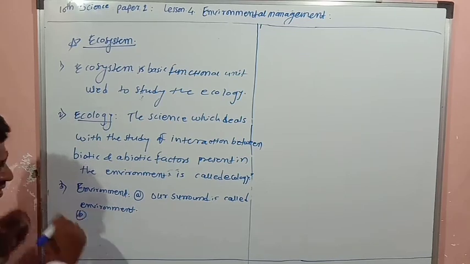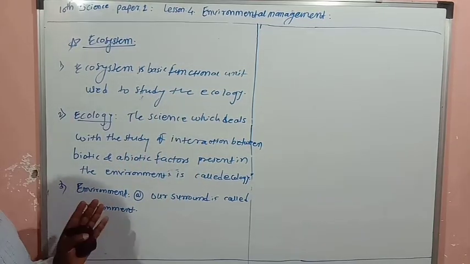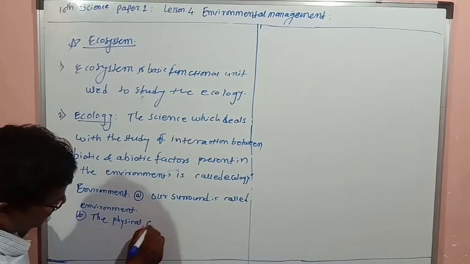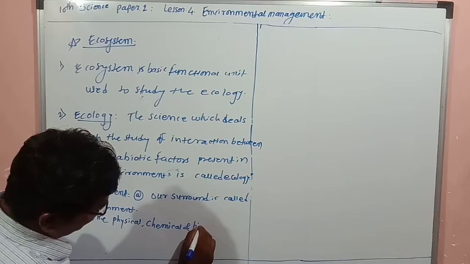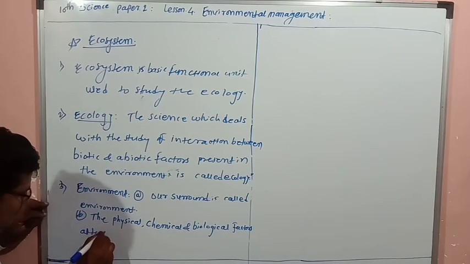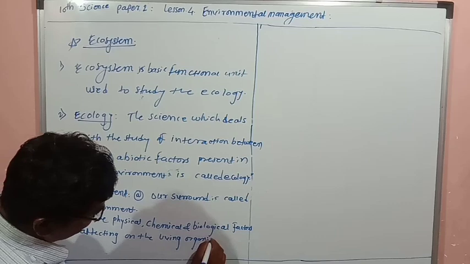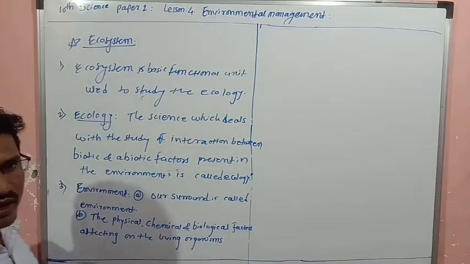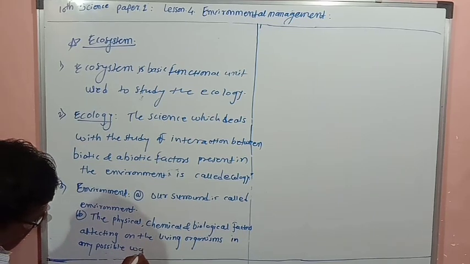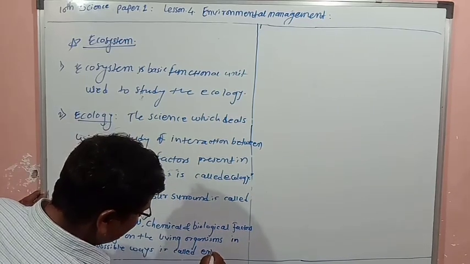The second definition: the physical, chemical and biological factors affecting living organisms in any possible way is called environment.